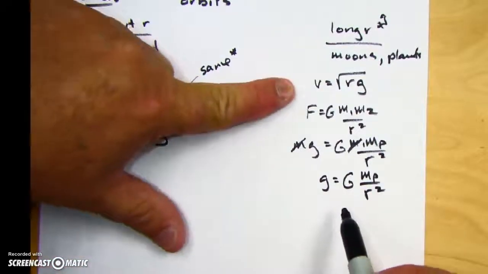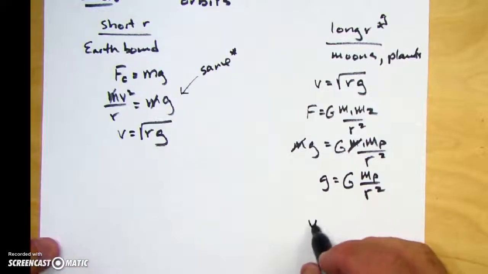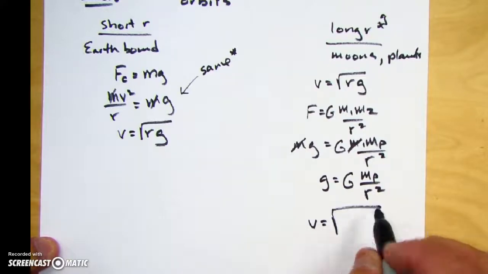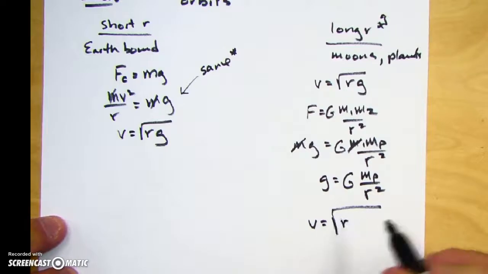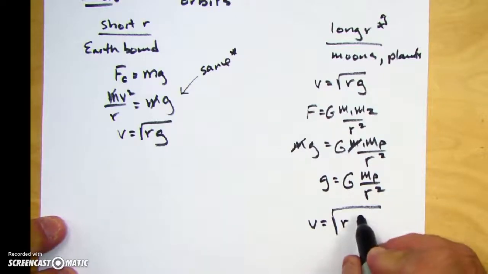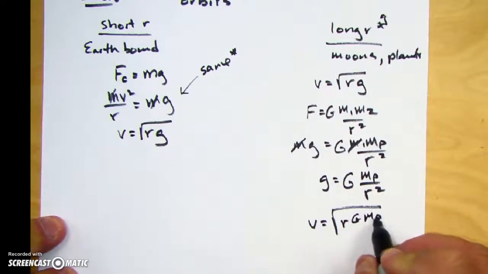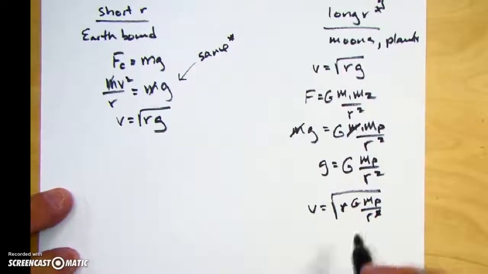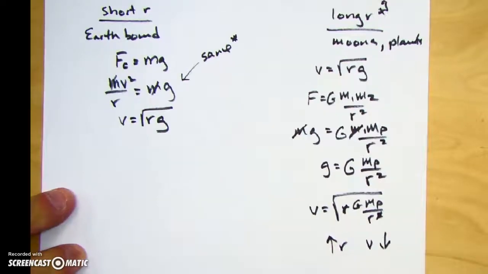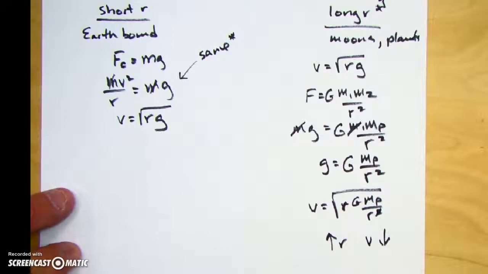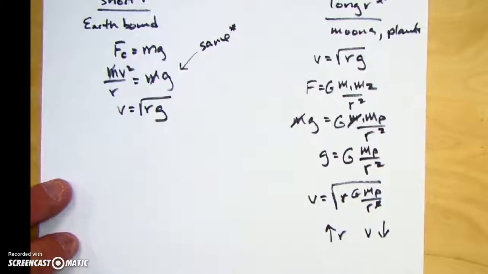If I put that in that top equation, I now get v is equal to the square root of r times big G times the mass of the planet over r squared. One of your r's cancels out. But now what happens is as r goes up, v goes down. Understand that's kind of important.